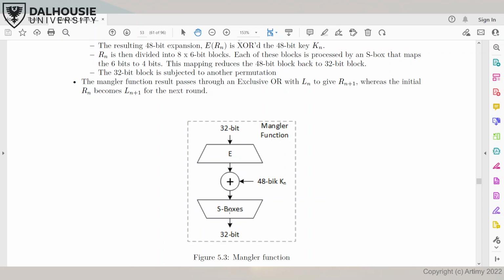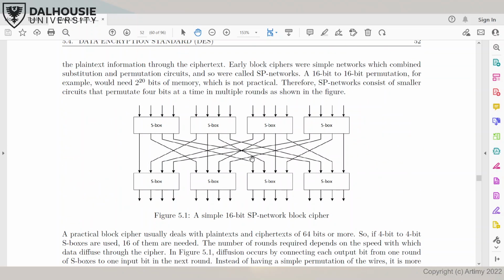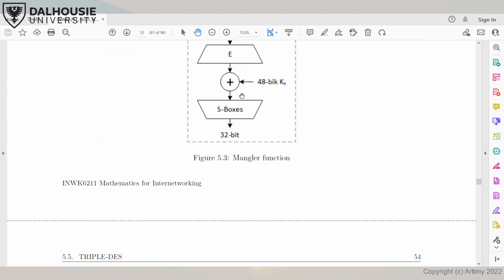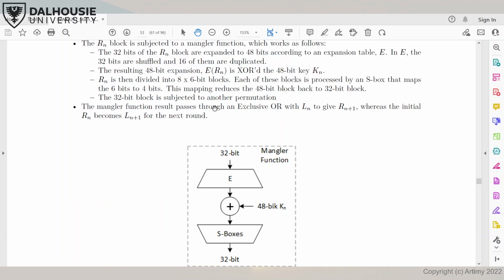Then the output, we pass it to the S box. Remember, the S box does some mapping itself. So here the S box is a little bit modified from the previous. The S box takes 48 and converts them into 32. So how does the S box work? The S box actually divides the 48-bit block into 6 bits and takes each 6 bits and maps them to 4, right?